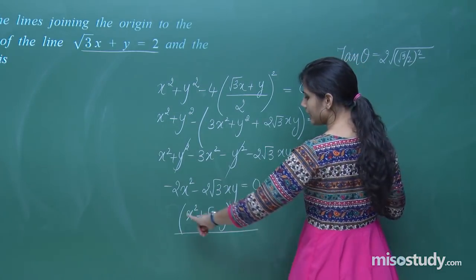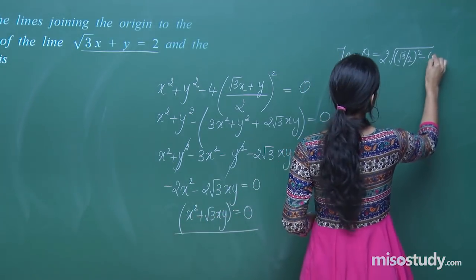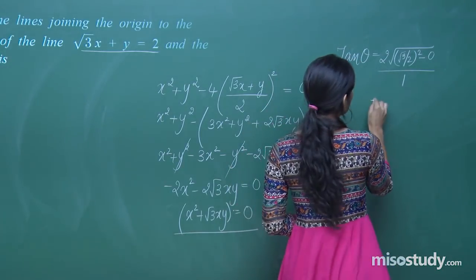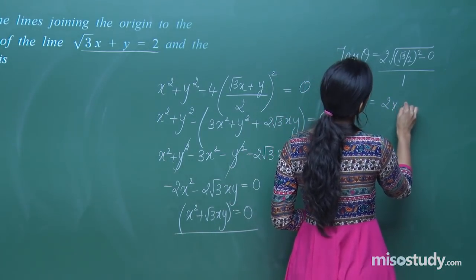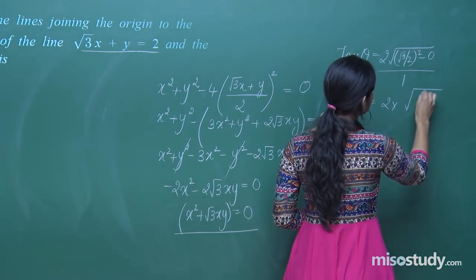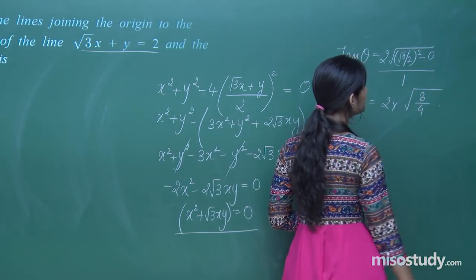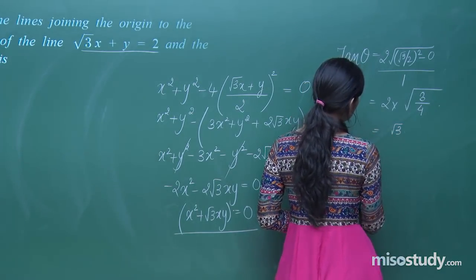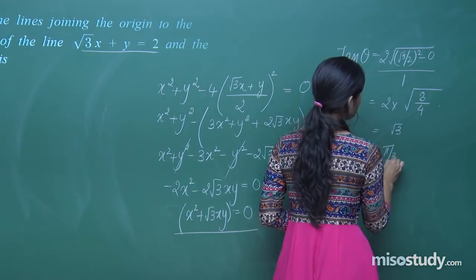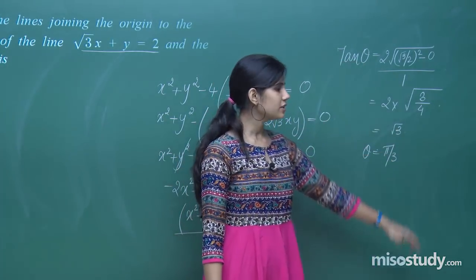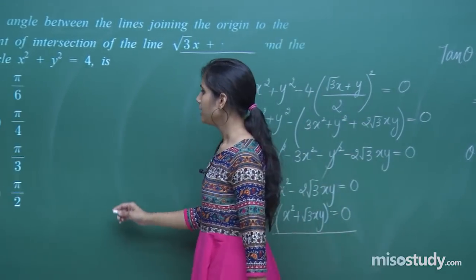A is 1, b is 0, a into b is 0, upon a plus b is 1. So you get 2 into root over 3 by 4, and eventually you get root 3. So theta is 60 degrees or pi by 3 radians, because tan theta is root 3.